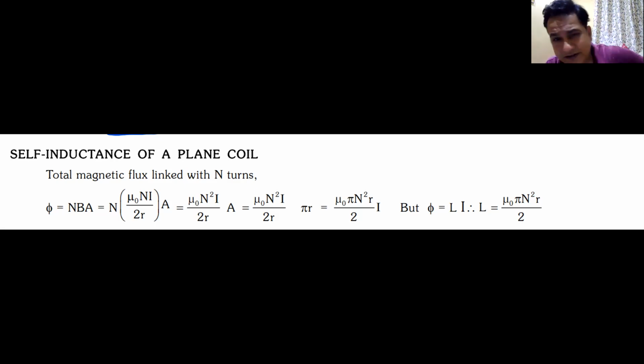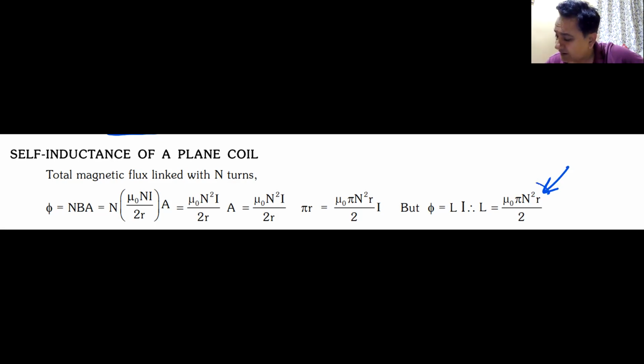From there, I will get cancelled and you will get the value of L for a plane coil with area A. If it is a circular coil, area will become pi r square. If it is a square coil, area will become a square. If it is a rectangular coil, area will become a into b. You can find out the self-inductance of a plane coil.